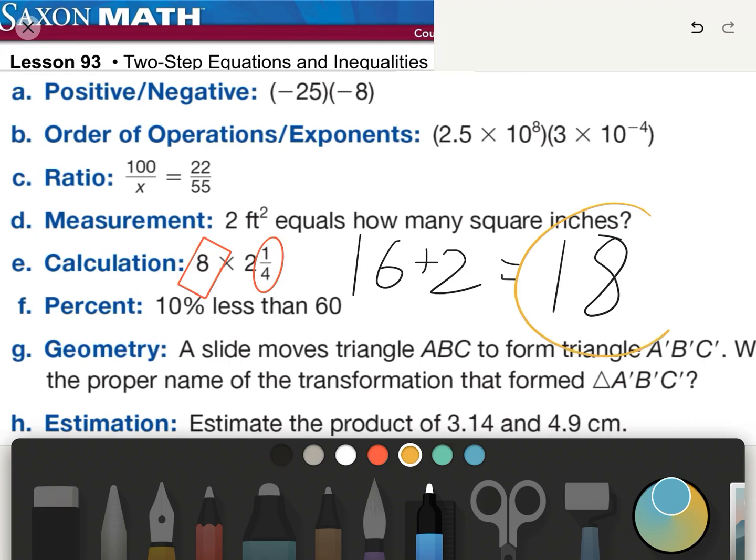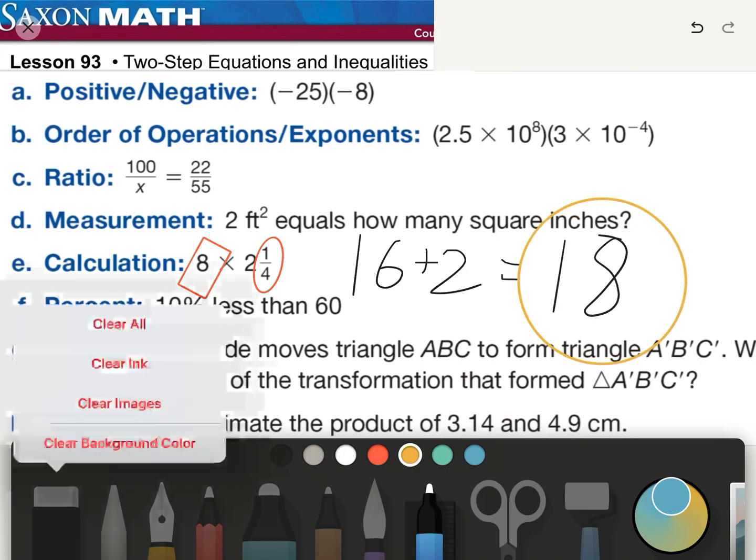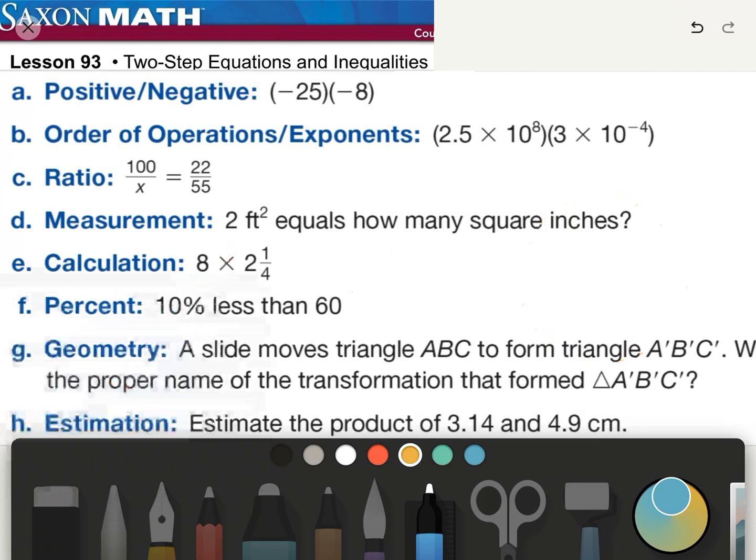It's 18. And what is 10% less than 60? Rather insulting. Since 6 times 10 is 60, then 60 minus 6 is 54.